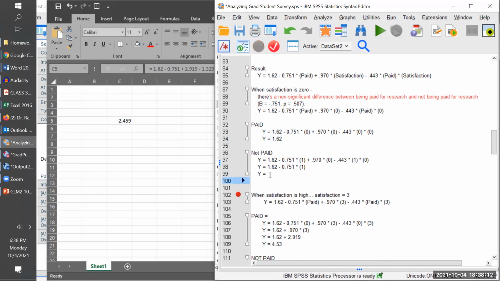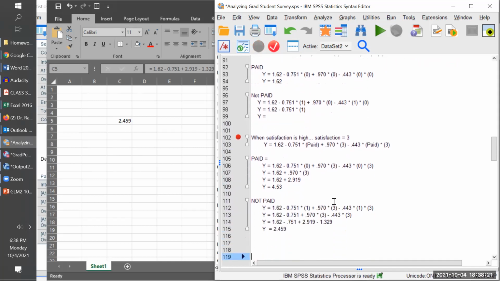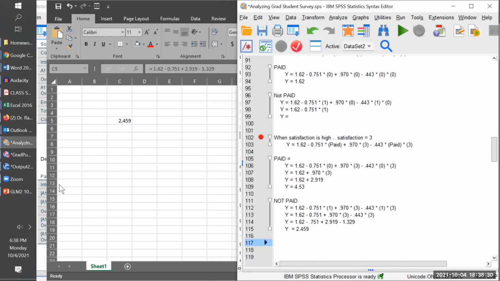Paid and not paid when satisfaction is 0, and paid and not paid when satisfaction is high. So that's one way we can examine these. Let's do one other way, which is changing what 0 is.